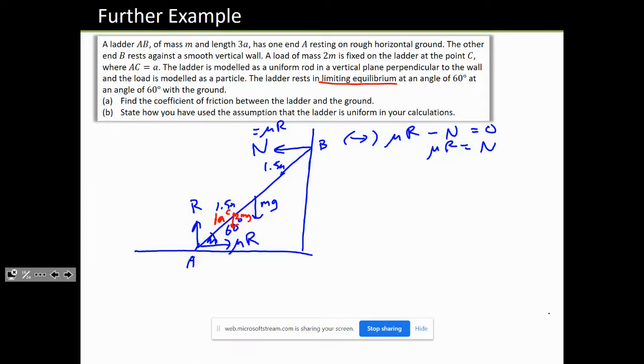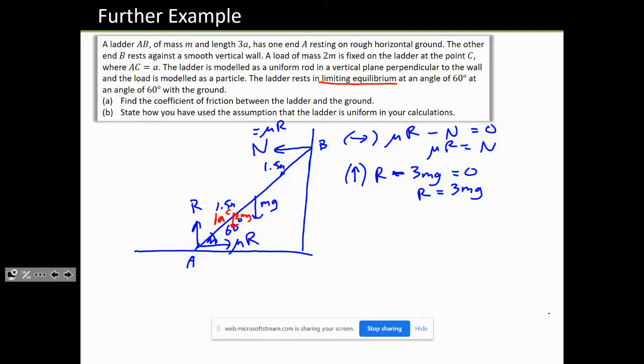Then if I think about vertical, so I have vertically R, and then vertically downwards, I've got 3mg in total. So therefore R is equal to 3mg. That's nice.